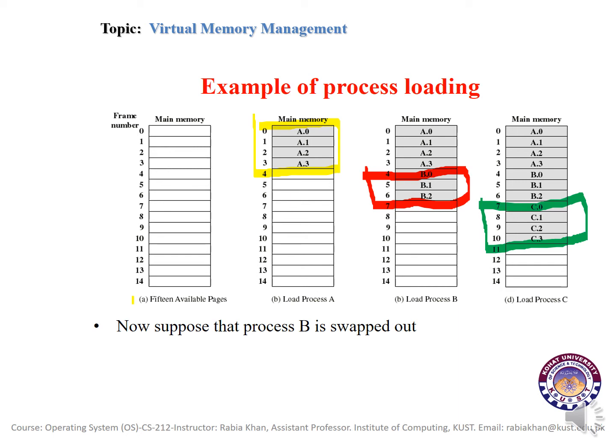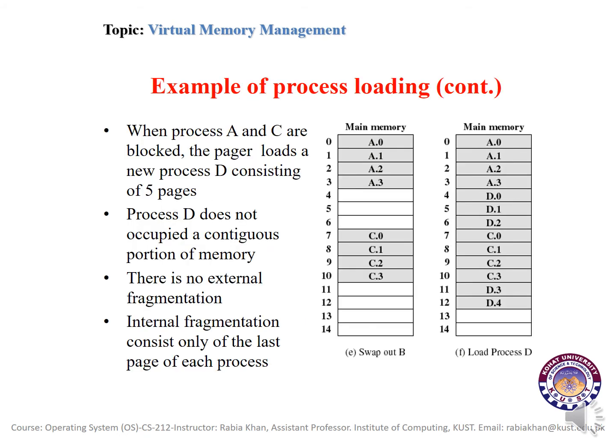Let's suppose operating system swaps out process B. So all its pages will also be swapped out. As you can see here, after swapping out process B, we can see 3 empty frames, frame number 4, 5 and 6.